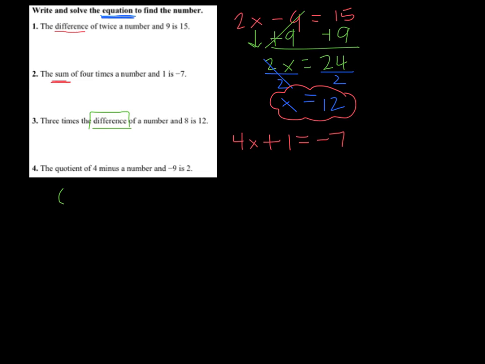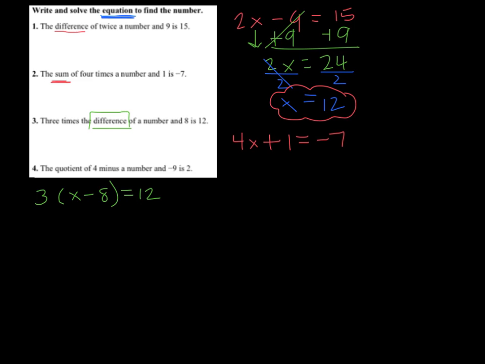Well, the only way to make that happen is to put the difference of a number and 8, so that's x minus 8, inside parentheses. Then I want to do 3 times that amount, and that is 12. Okay, so 3 times the difference of a number and 8 is 12.